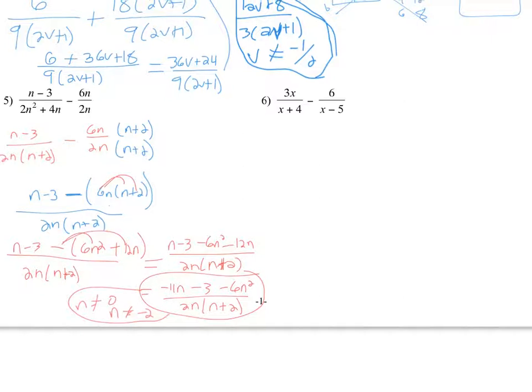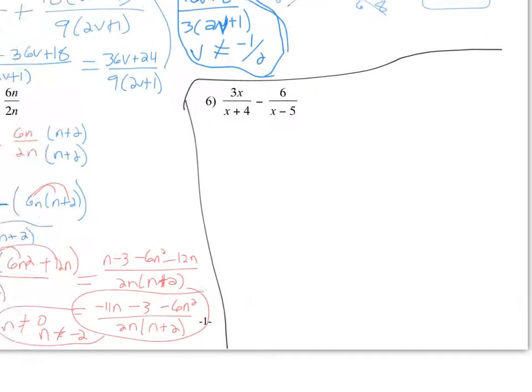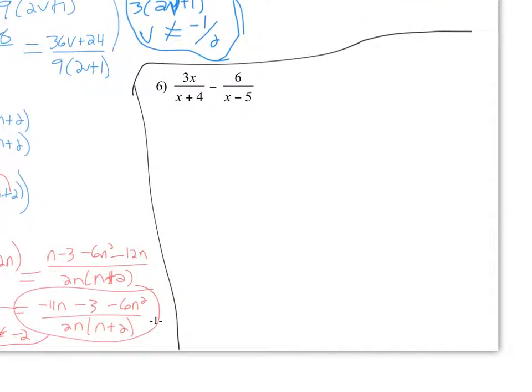All right, moving right along. I'm going to put up a big divider here so that I don't have to deal with any of that stuff, and we can even run off the page if we have to. So, again, it's another subtraction problem. I've got to get the denominators the same. The denominators have to be the same.